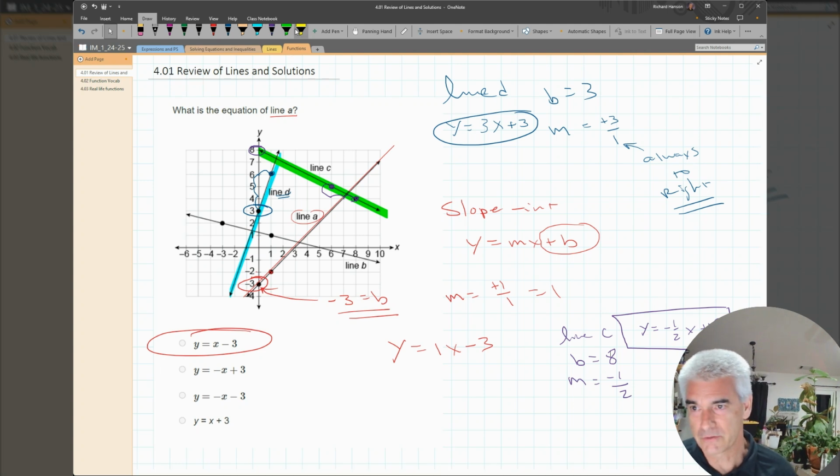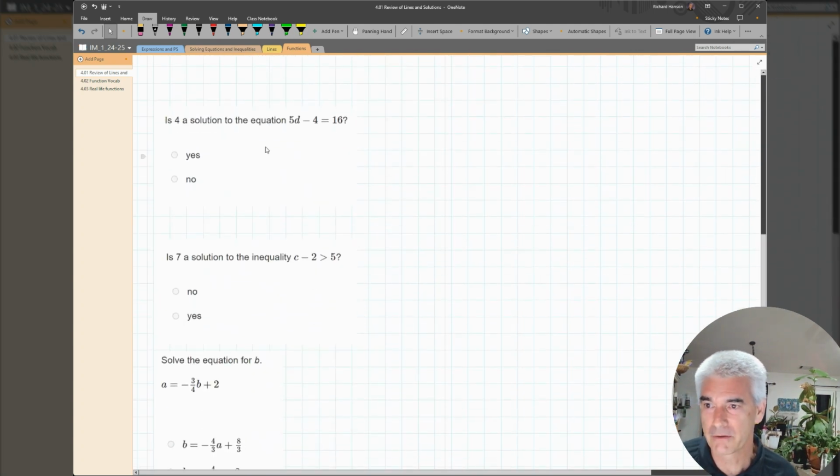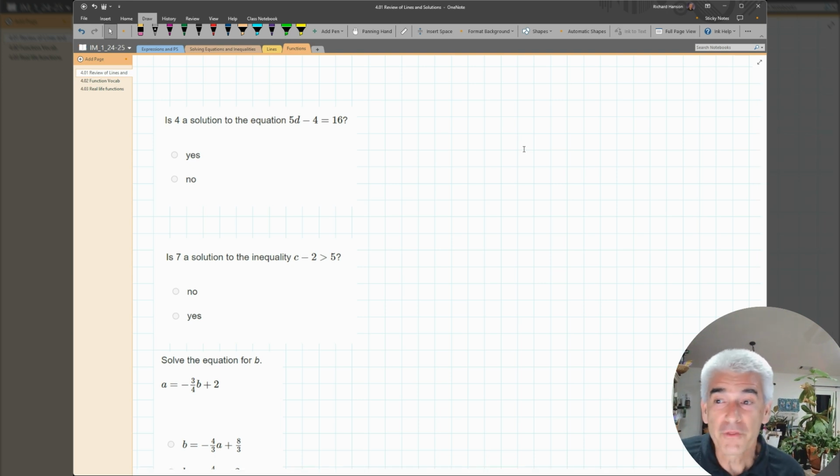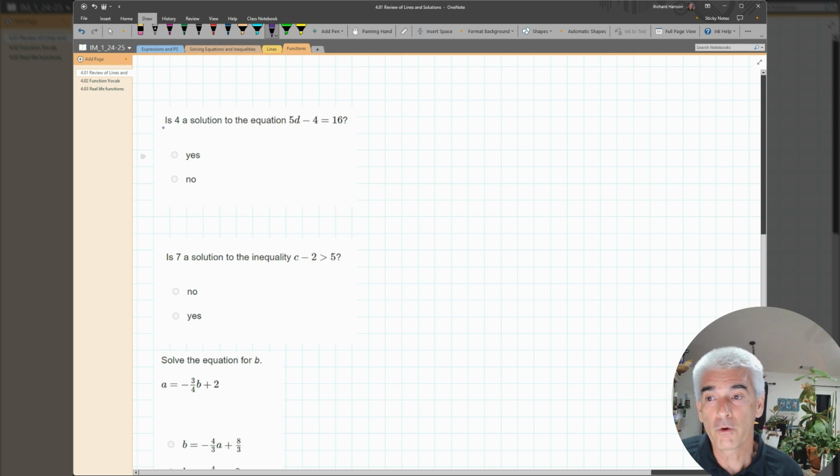Let's scroll down here to the next set of problems. So again, this is a review of things we've done earlier. It's asking for a solution to this equation. Well, if it's a solution, that means when I plug it in, it makes the equation true. So let's try it.